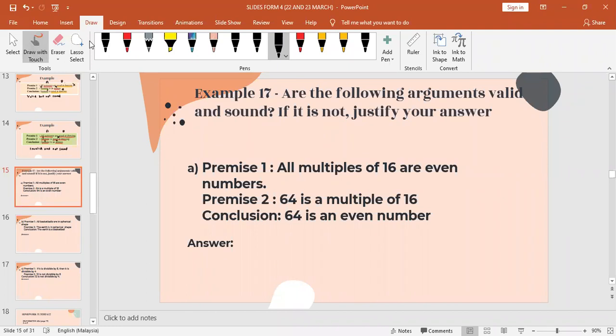Teacher nak answer yang valid tu ke? Valid and sound. Okay, very good. So valid and sound.